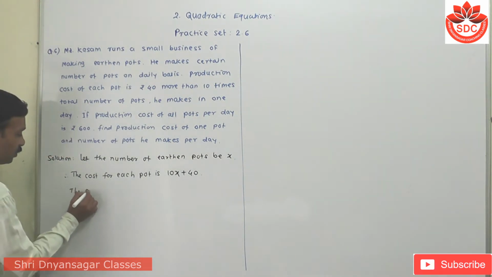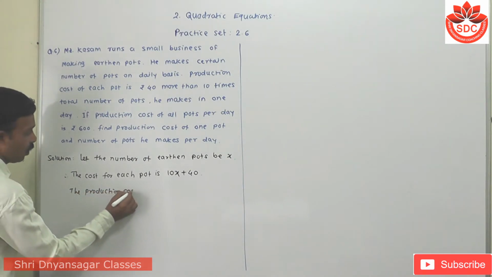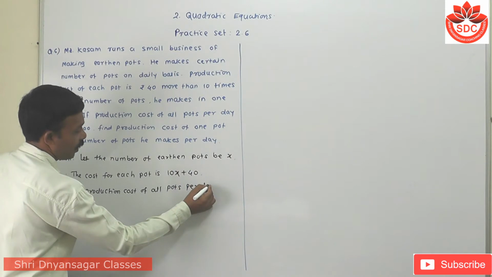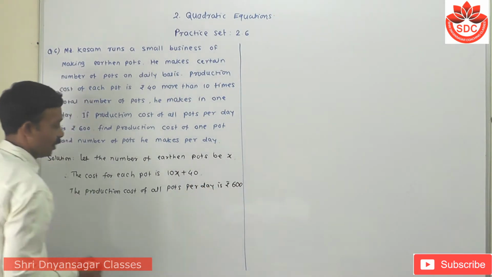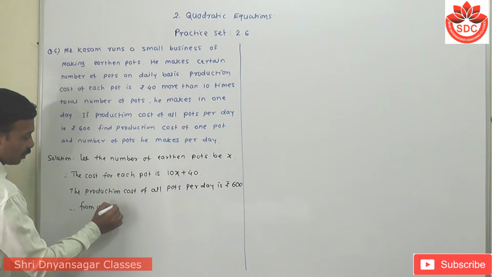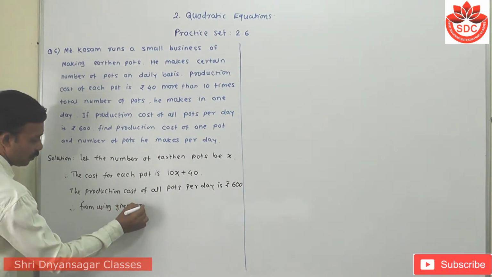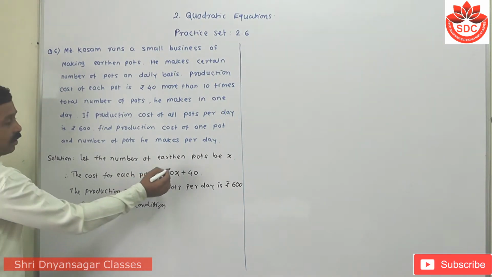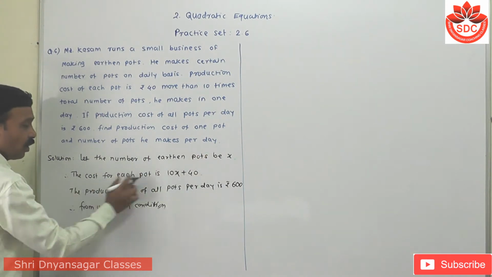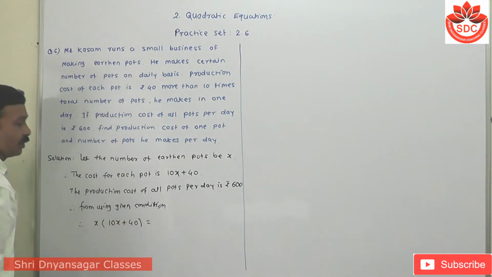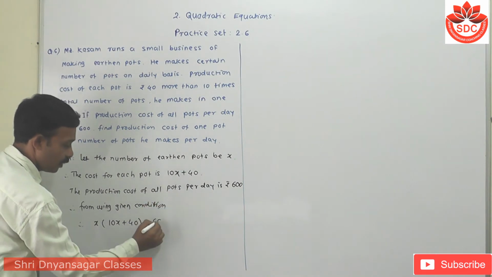Therefore, using the given condition, we write: the number of pots into the cost per pot, that is x into (10x plus 40), is equal to the total cost per day, that is 600.